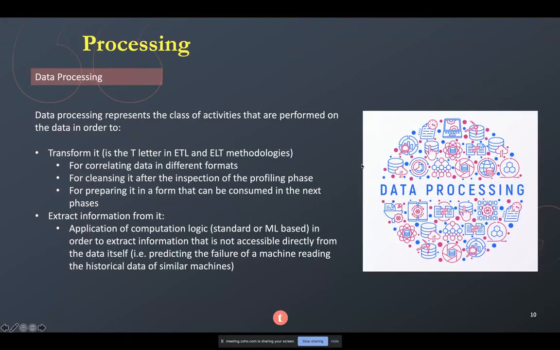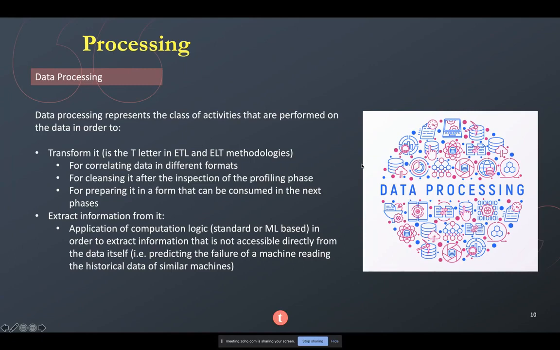And now we come to the data processing. The data processing is the phase where we want to somehow work with the data. There are mainly two main activities, forgive me the word, that you want to apply to the data.